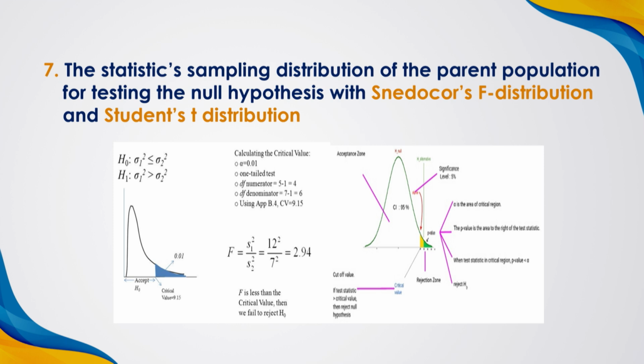The seventh factor in deciding the critical values is that the statistic's sampling distribution of the parent population for testing the null hypothesis is with Snedecor's F distribution, which is the left side, and Student's t distribution, which is on the right hand side. The t distribution has similar properties to the standard normal distribution, whereas the F distribution is a positively skewed distribution.